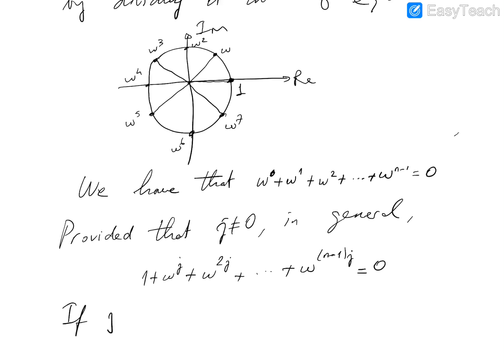And if j is equal to 0, then simply the sum will be equal to n.